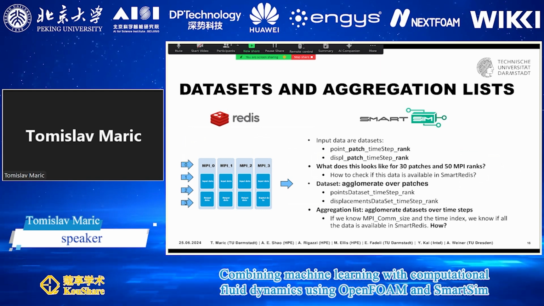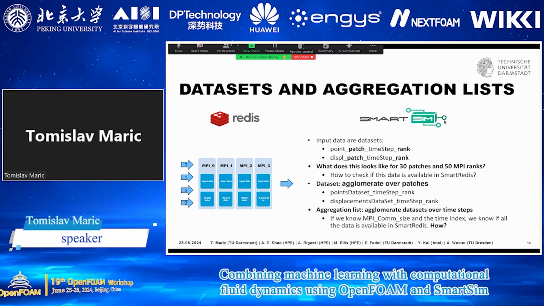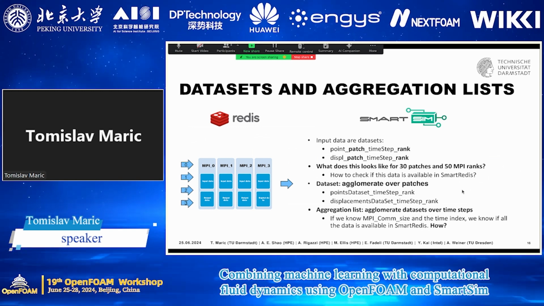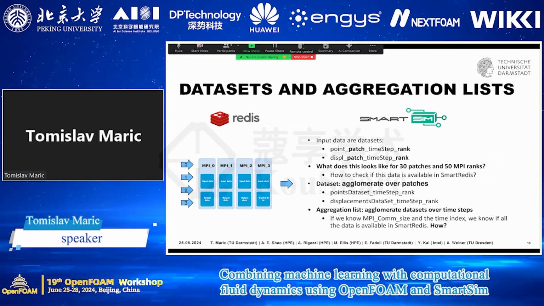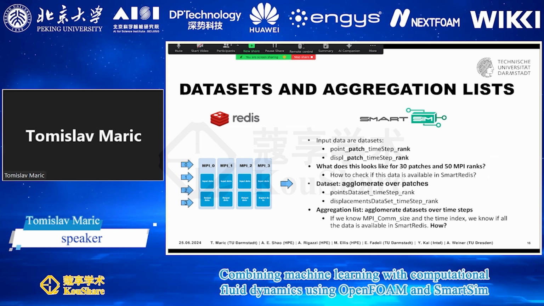And what we then want to do is to know when our data has arrived, because if you remember these concurrent workflows, at some point, in this case, we need to have all data to train the model. And for this, we just count the data, so to say. We agglomerate the data over patches and then count the data. And when we query the database, hey, do you have all data from all patches?